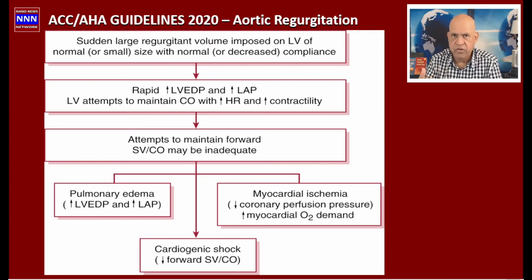It can do so only with increased contractility and increased heart rate. In attempting to maintain forward stroke volume and cardiac output, it may not be able to do so, and if it is not able to, then the person will develop pulmonary edema, which is usually a common presentation in patients with acute regurgitation.